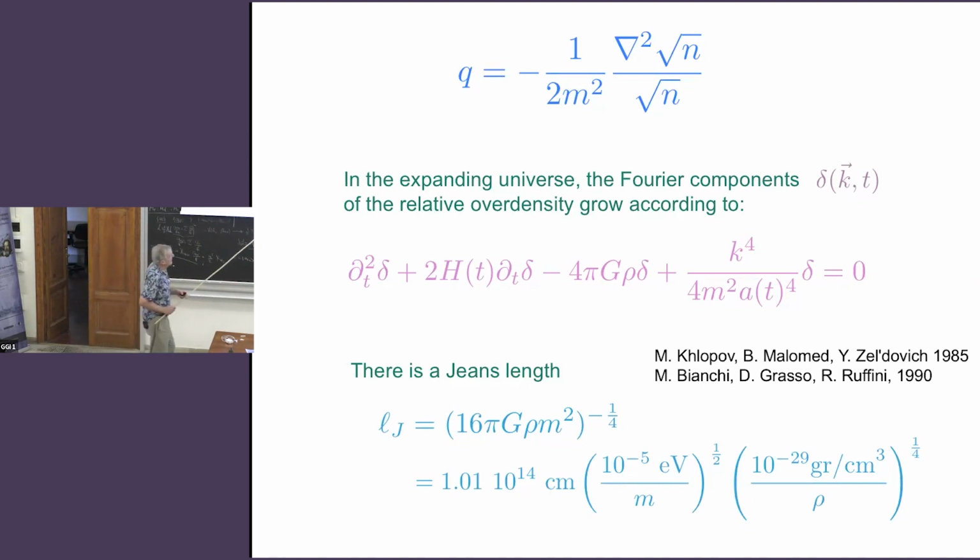If you take, say, the density of the homogeneous universe and a mass of 10 to the minus 5 eV, it is of order 10 to the 14 centimeters. And so actually, it is very short compared to astrophysical scales, which for the kiloparsec are 10 to the 21 centimeters. It is much less than that.